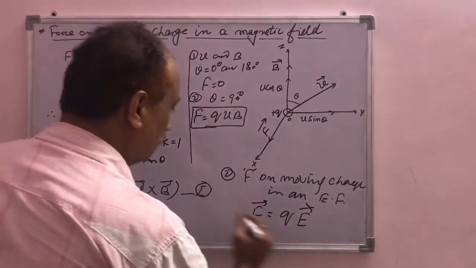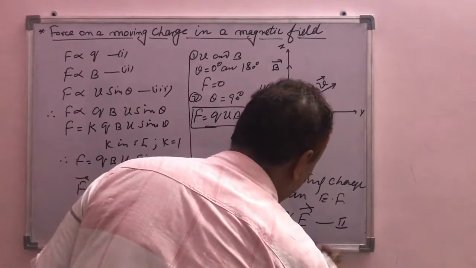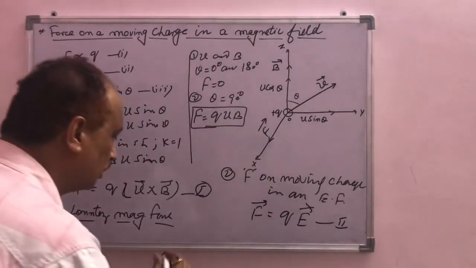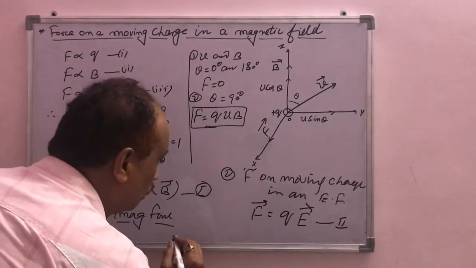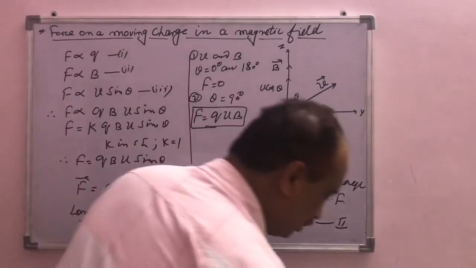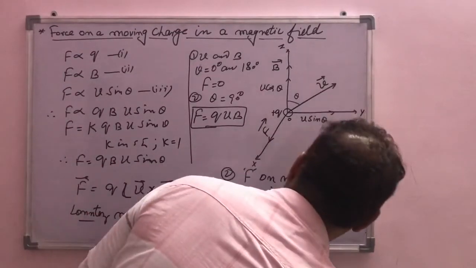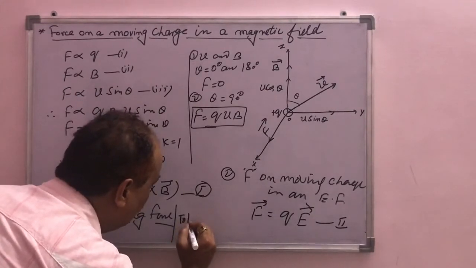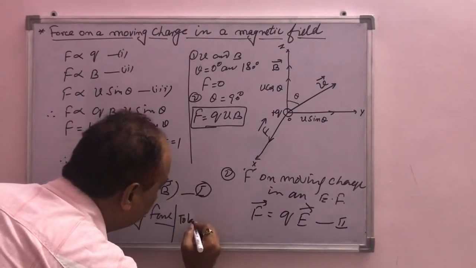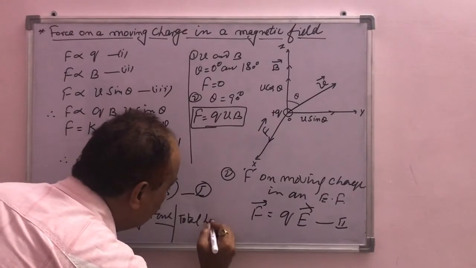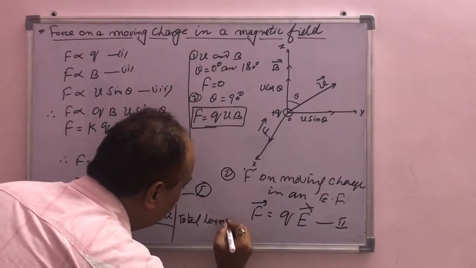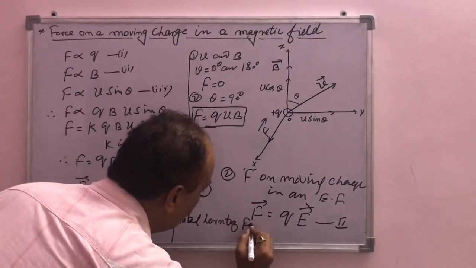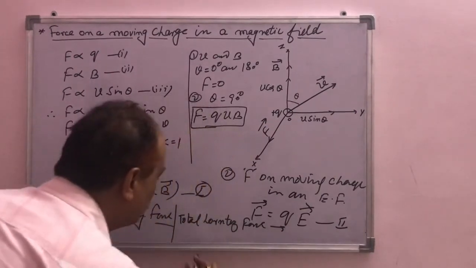If we add equation number first and equation number second, we get the total force acting on the charged particle, and that total force is known as the total Lorentz force acting on the charged particle.